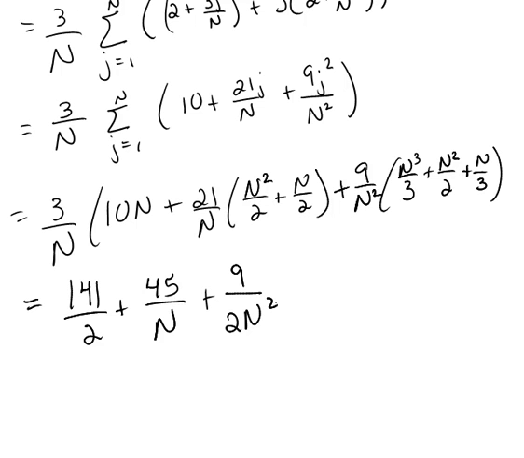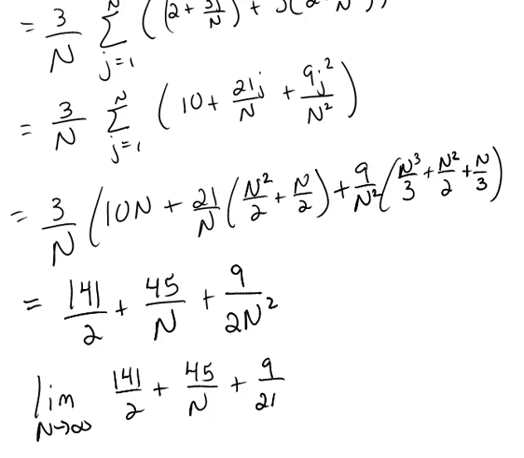So that's your formula. And then the limit as n goes to infinity of 141 over 2 plus 45 over n plus 9 over 2n squared, that's just going to be 141 over 2, which is the answer for this problem.